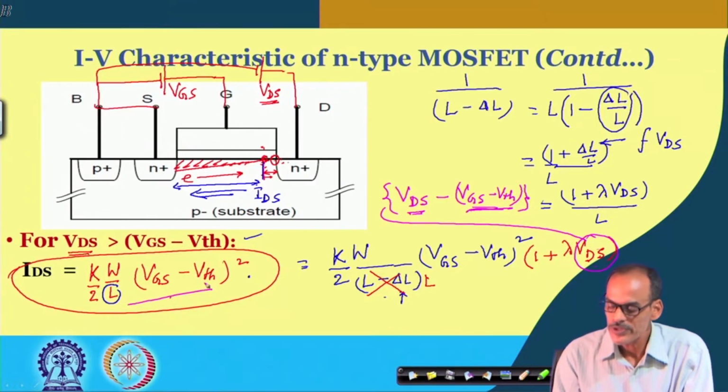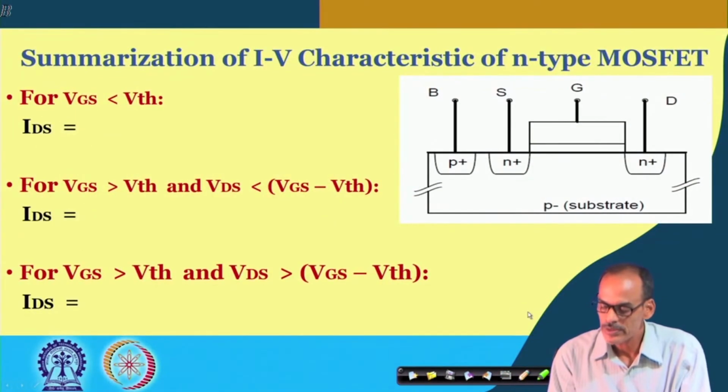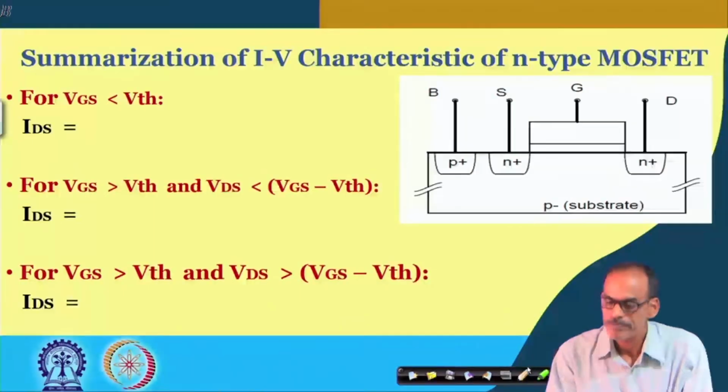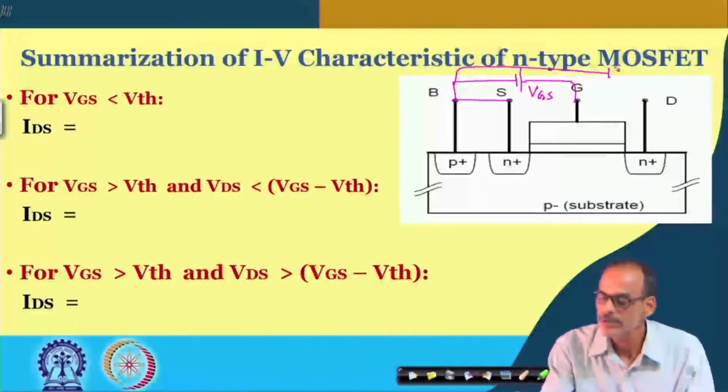So, if we summarize, the device characteristic can be said to have different regions of operation. Again quickly, we have the VGS here and we have the VDS here.